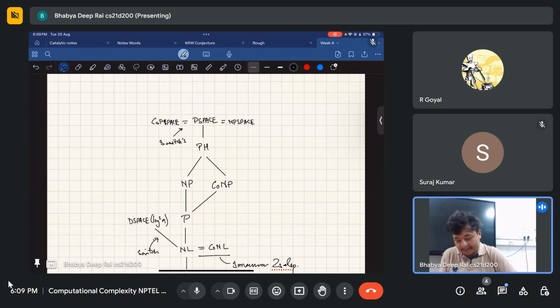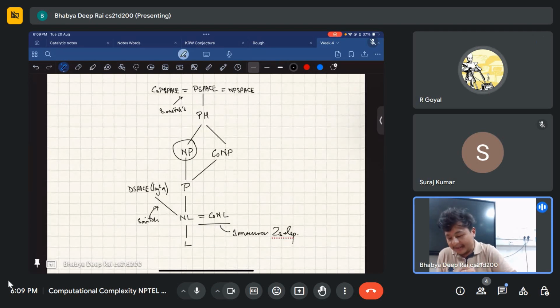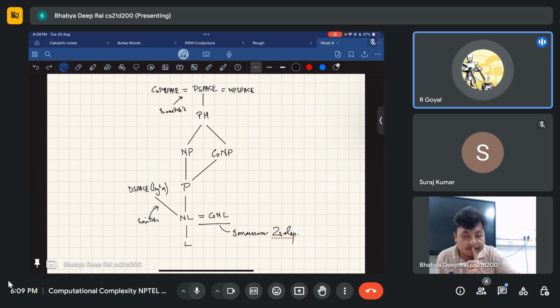NP would be contained in EXP. What about co-NP?